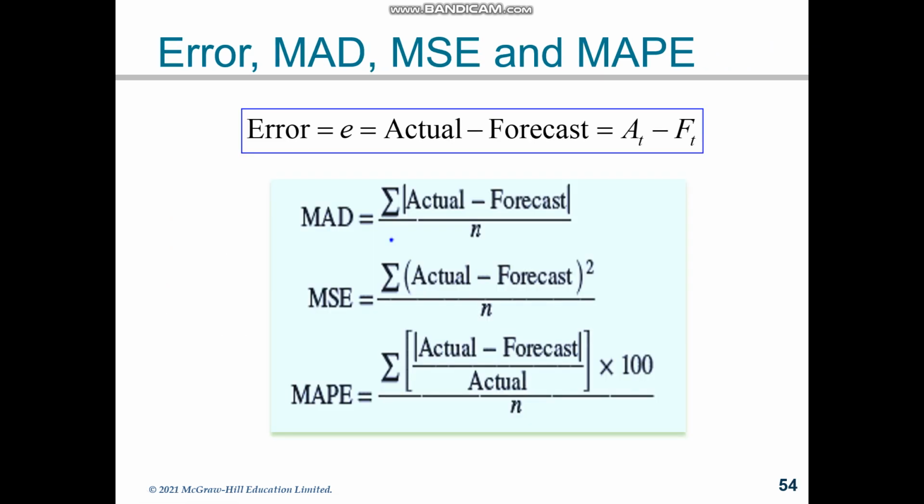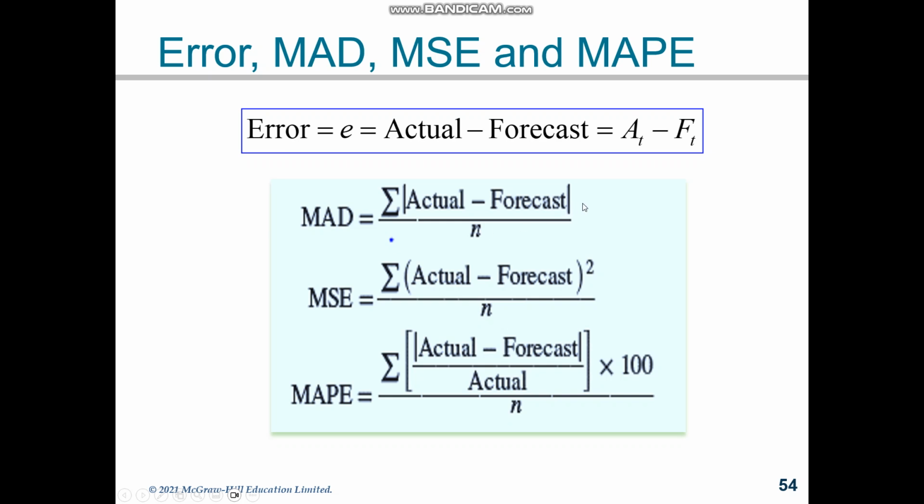Here in this slide, you see the formula for the three measures that we use to evaluate the performance of forecasting techniques. The first one, MAD, calculates the summation of difference between actual data and forecast, and it divides it by the number of data.